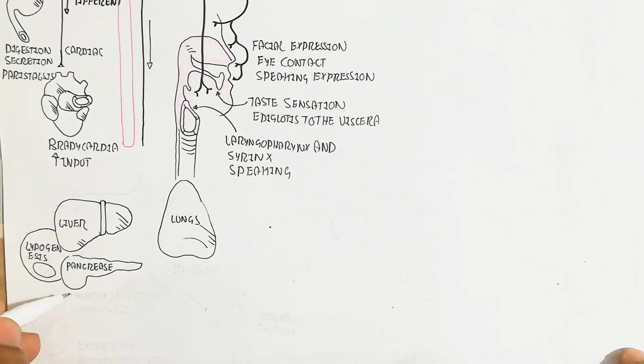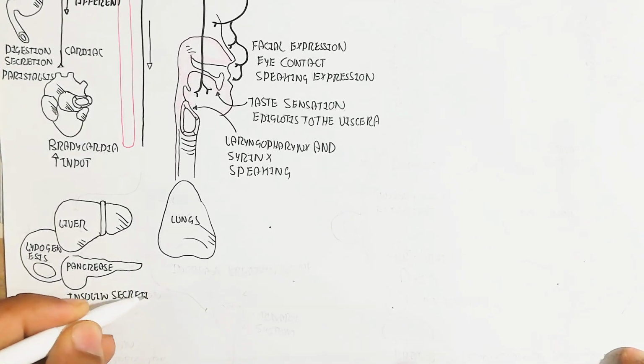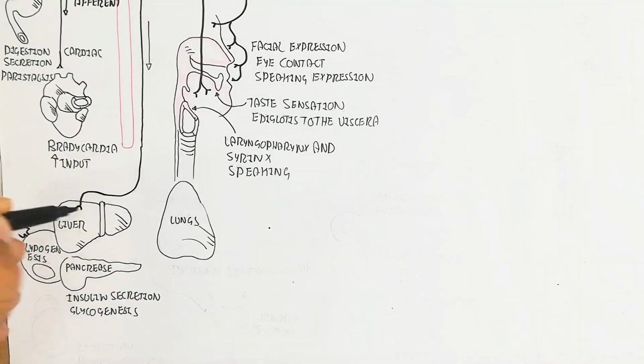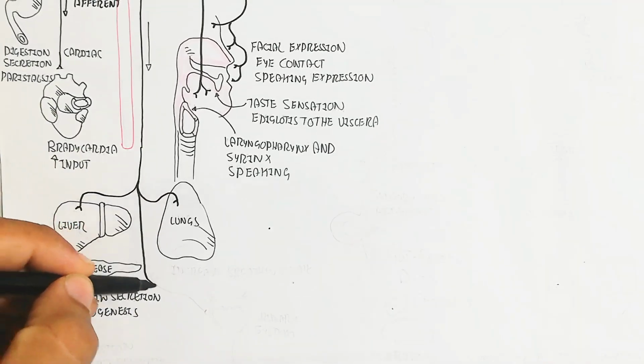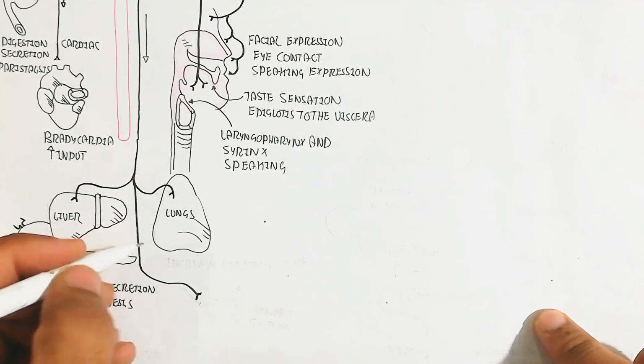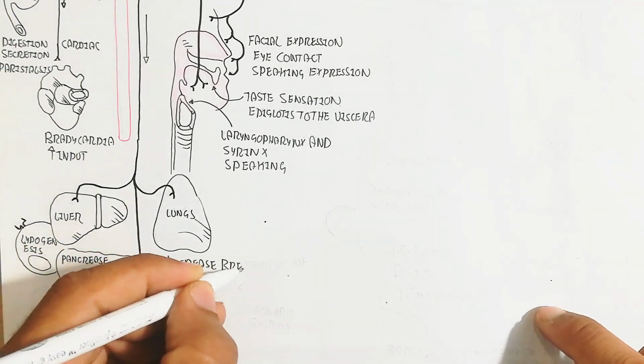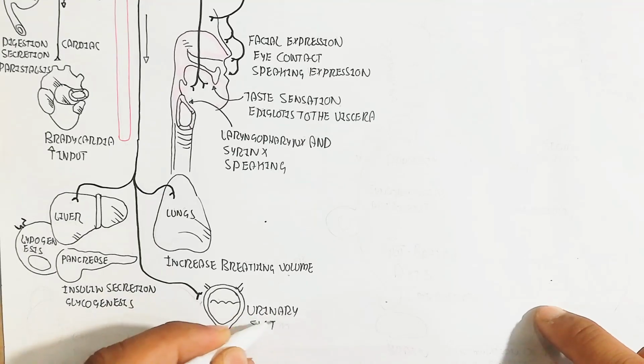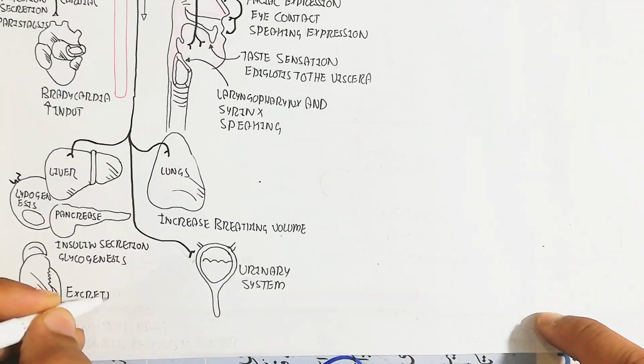On the other hand, the lungs are used to increase respiration and lung volume. For the liver, it increases secretion, glycogenesis, the lipogenesis of the adipocyte, and secretion of insulin.